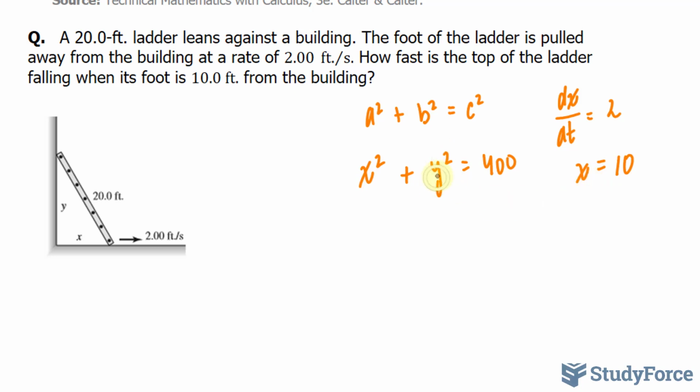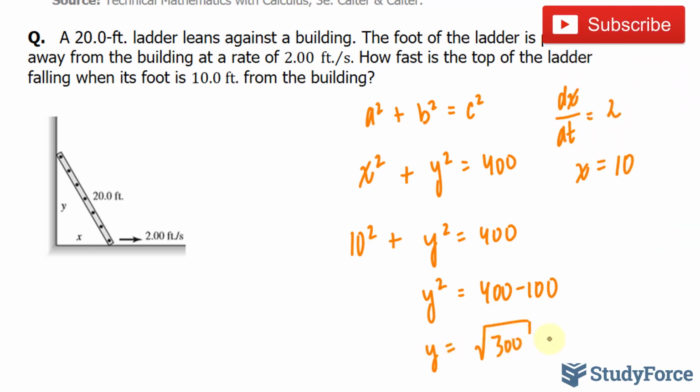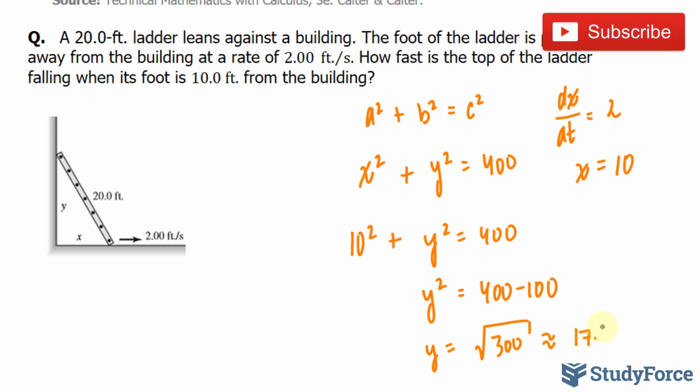Let's first find out what y is when x is equal to 10. 10 to the power of 2 plus y to the power of 2 is equal to 400. Bringing 100 to the right side gives us 400 minus 100. We square root both sides to give us the square root of 300 is equal to roughly 17.3 feet.